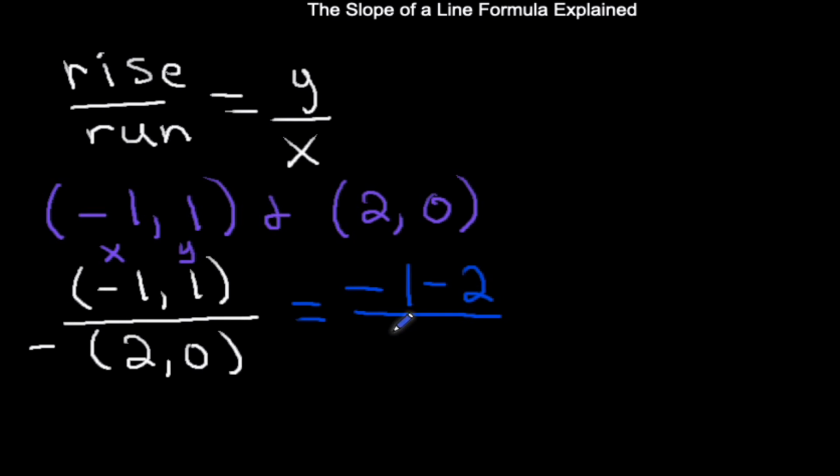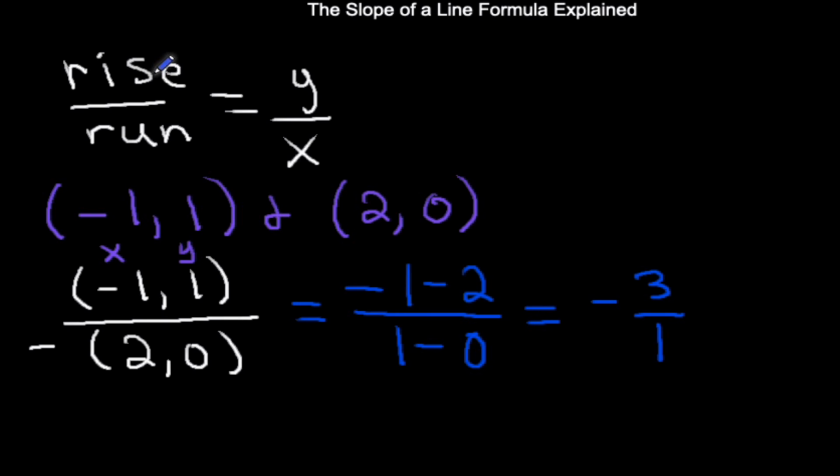Okay, 1 minus 0. Okay, so that's -3 over 1.